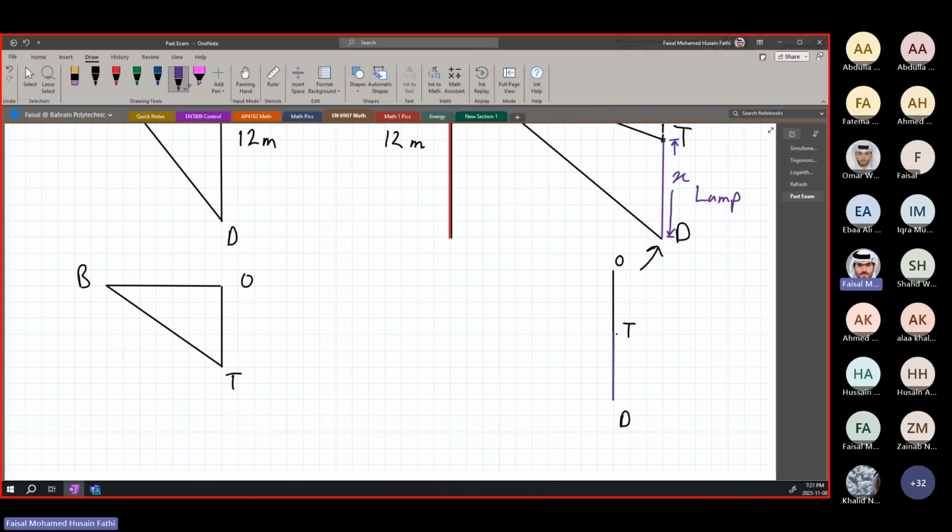Now we know that the lamp distance is X, and we know this complete side from the top to the bottom, what is it?